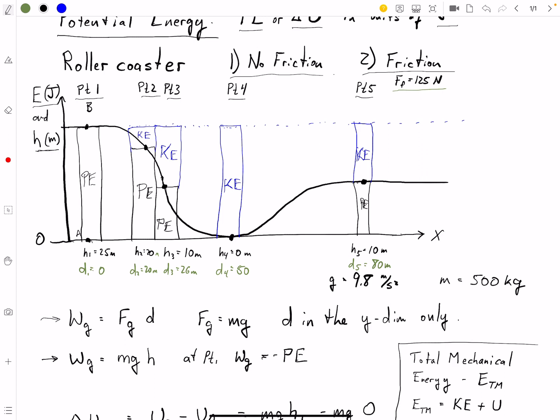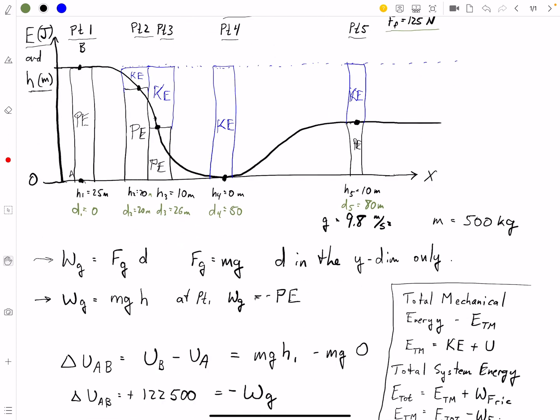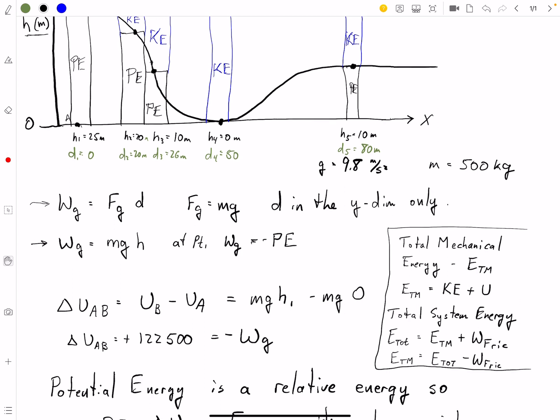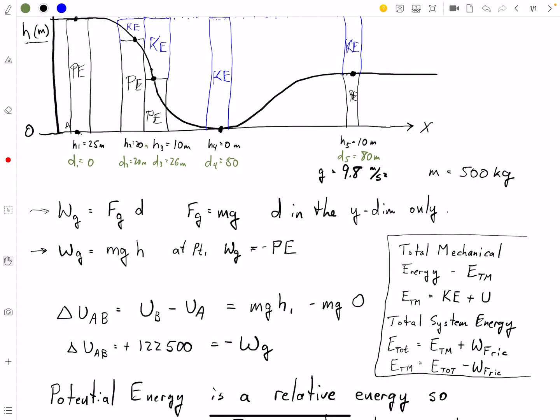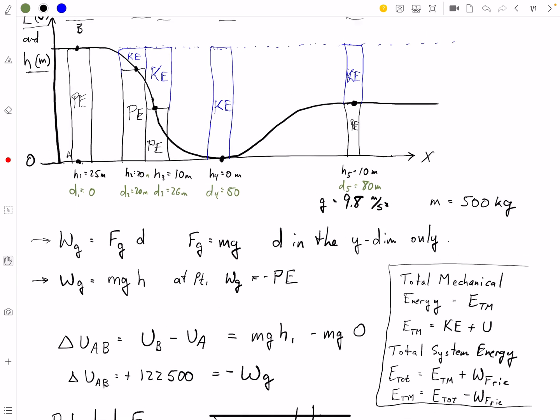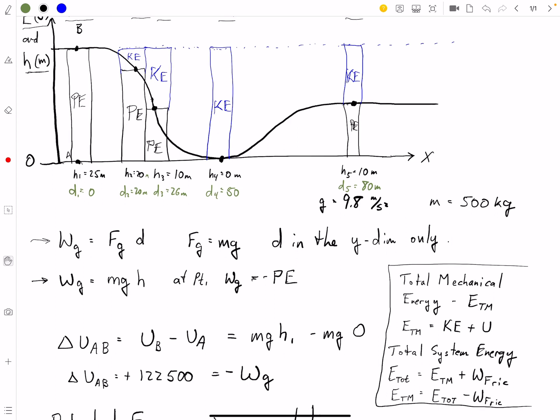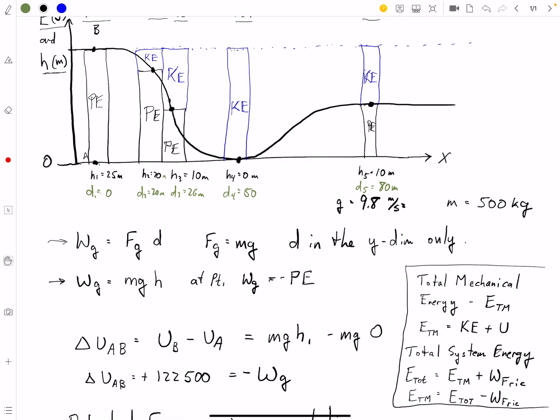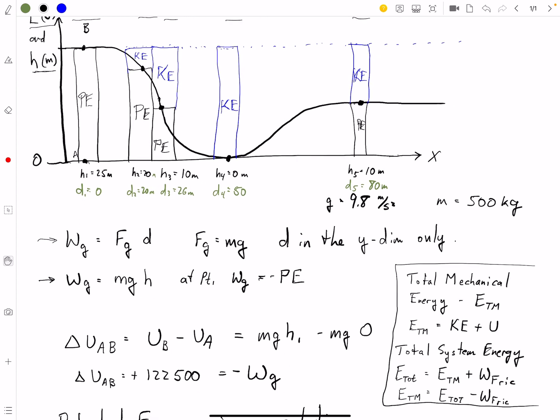Okay? So we figured out what the potential energy is, from A to B, and we figured out that that was this. And what I'm saying is this statement right here.